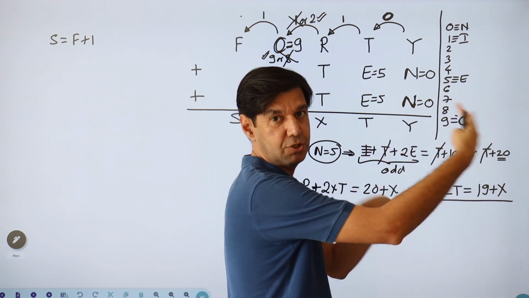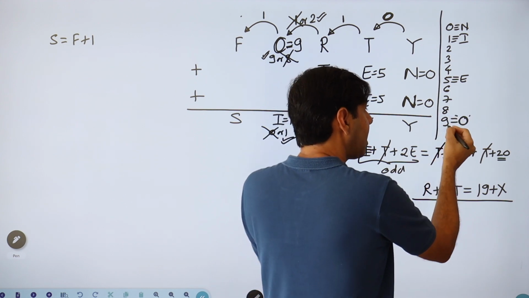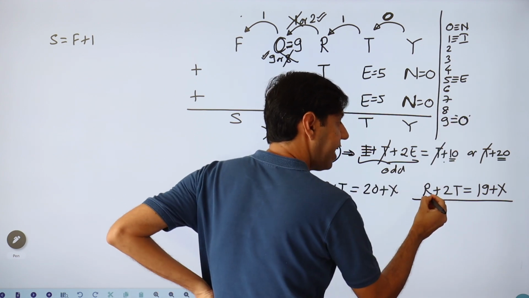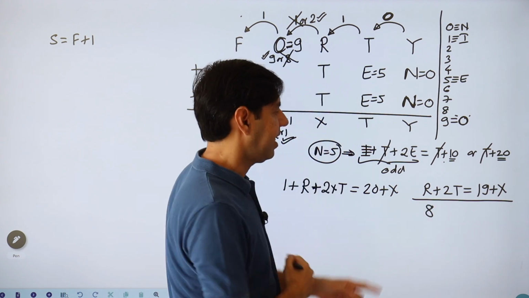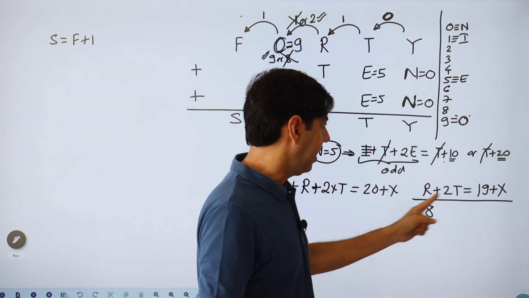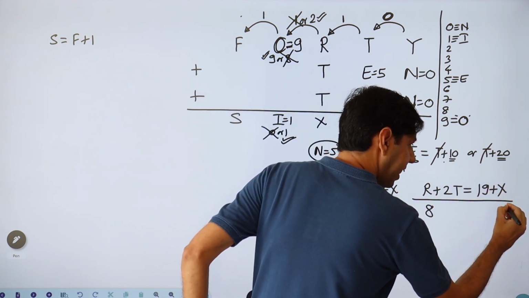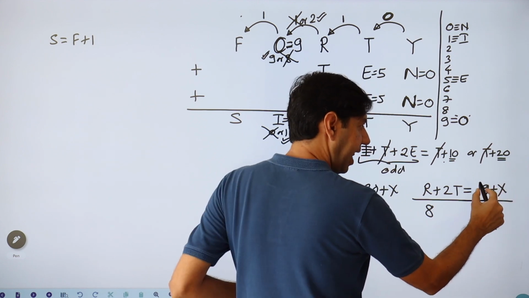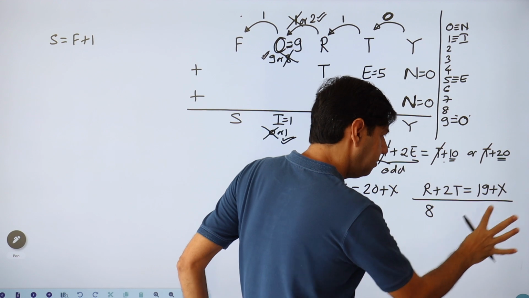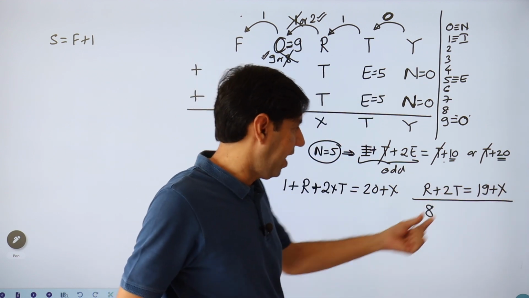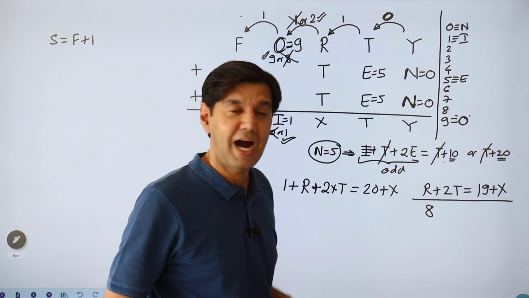If this is more than 21, it's quite high actually. That is what you should think in your mind. It's quite high. So let me take the higher values. But R can't be 9. 9 is already taken. So if I take an 8, and if I take X as 2, so 19 and 2 is 21. 21 minus 8 is 13. 2T can't be 13.